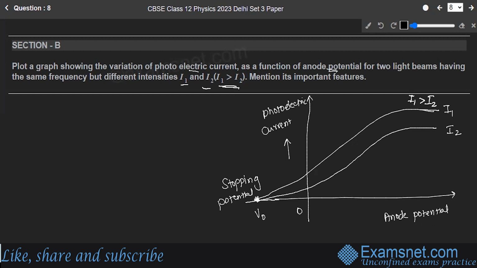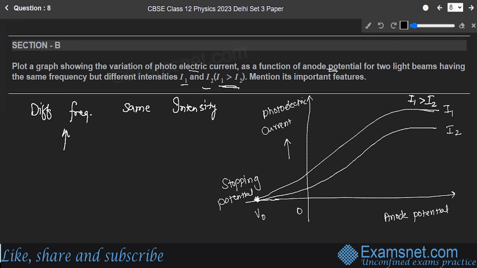See, we take the radiations of different frequency but of the same intensity. For the higher frequency, photoelectric current becomes higher, and for the lower frequency, photoelectric current becomes lower.